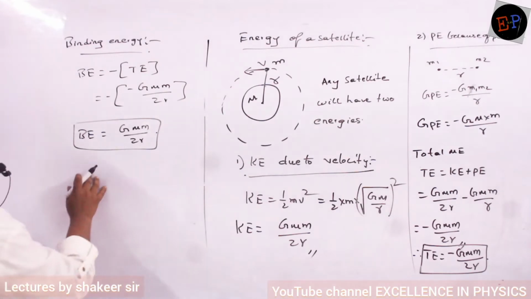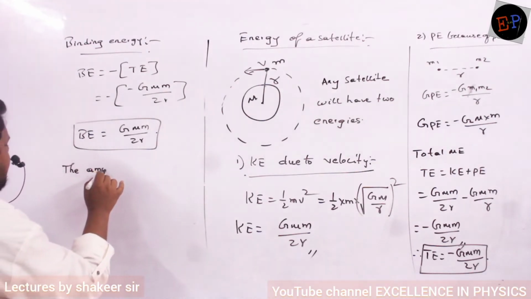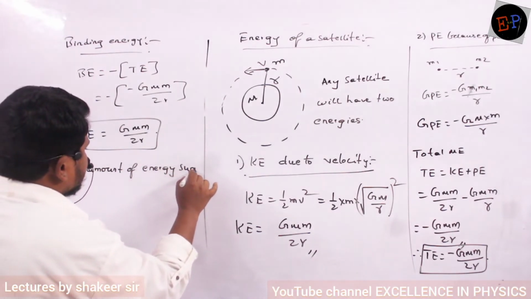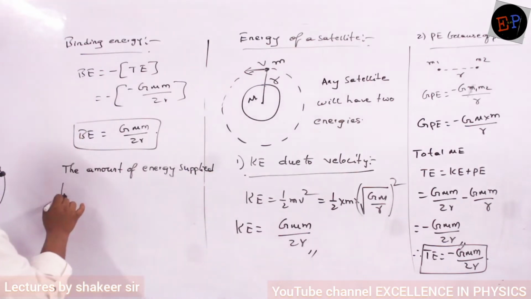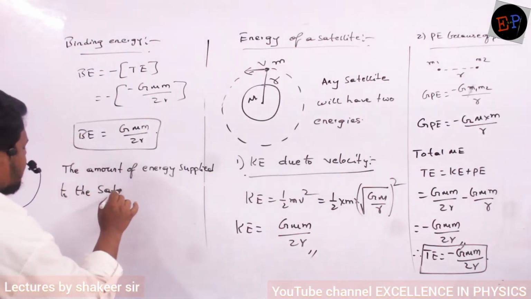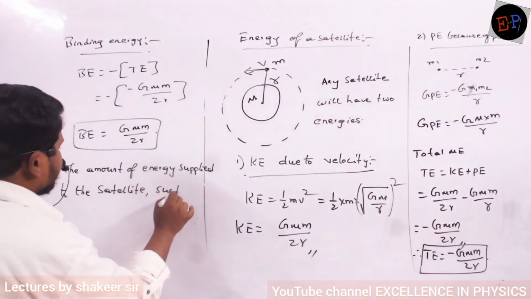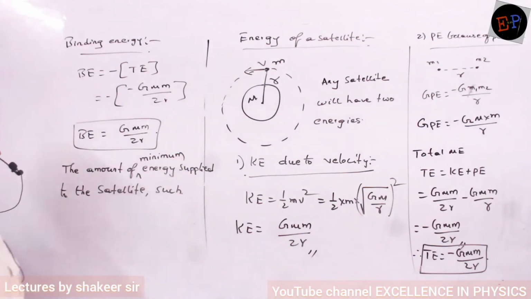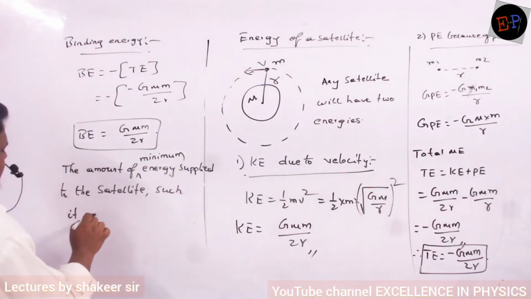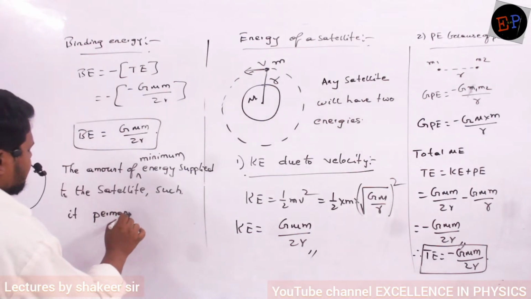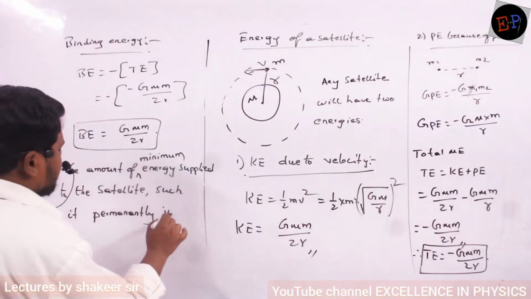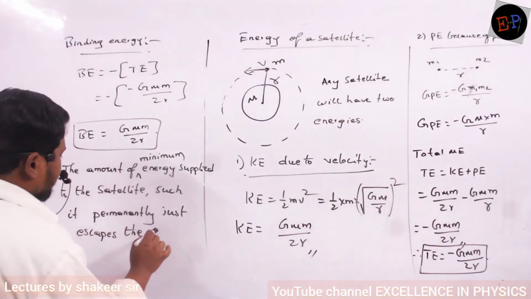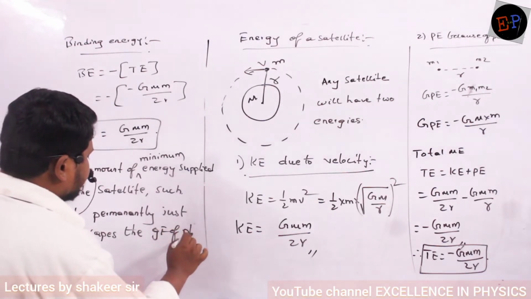So what is the meaning of binding energy? The amount of minimum energy supplied to the satellite such that it permanently just escapes the gravitational field of the planet.